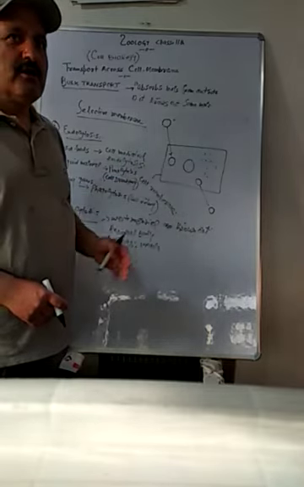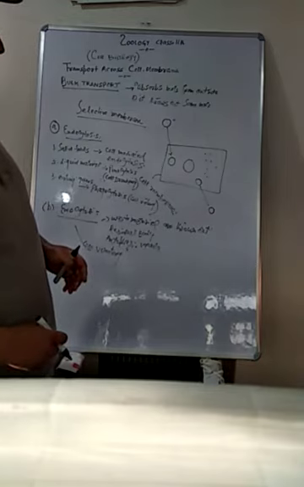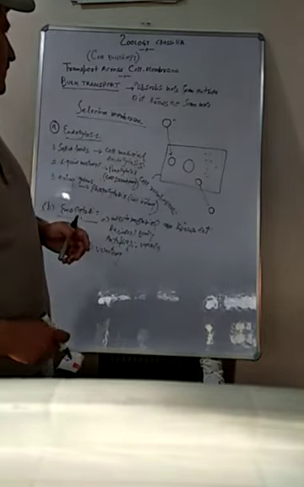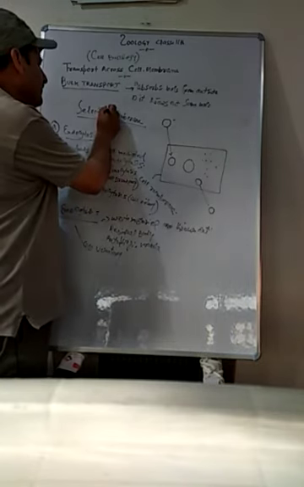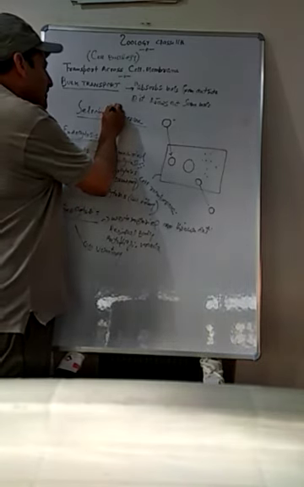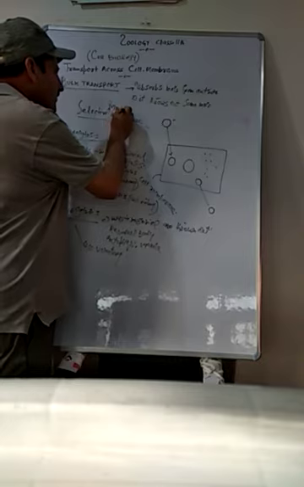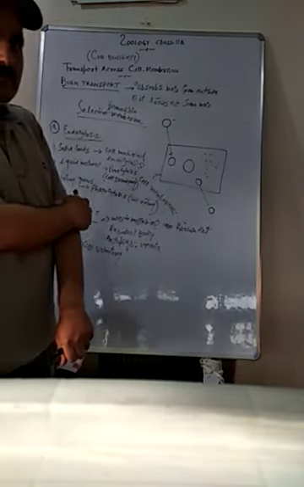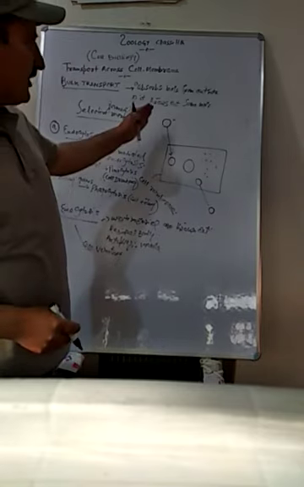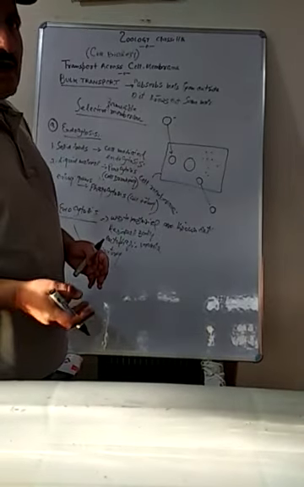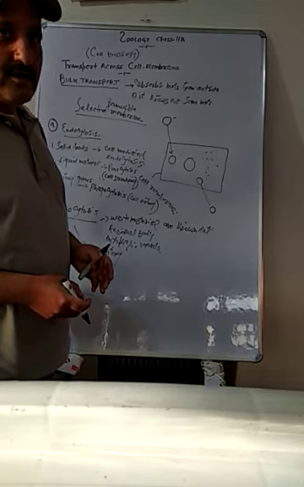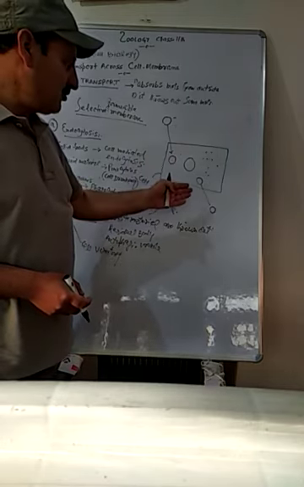This makes the cell membrane a selectively permeable membrane. It allows that material which is needed by the cell from outside inside, or if the material is harmful, a waste material, it is then excreted from inside outside.